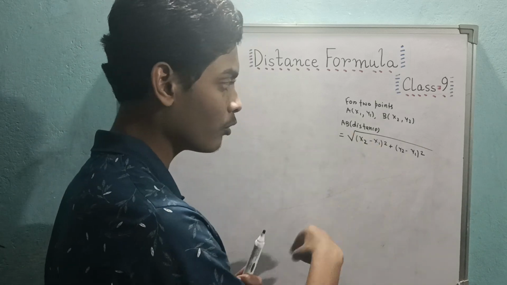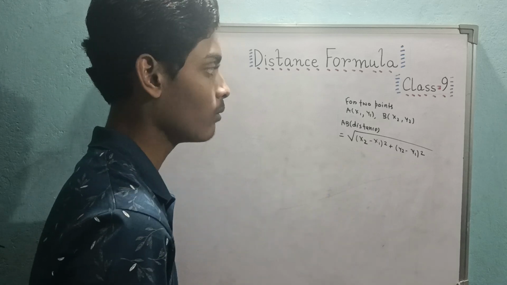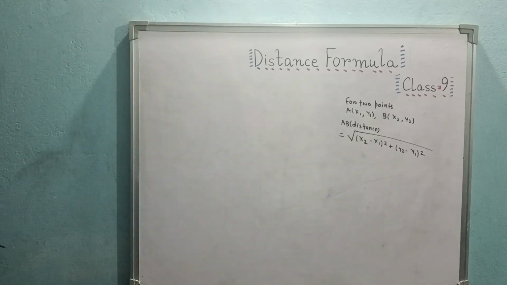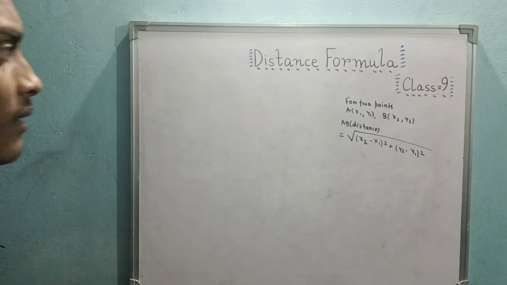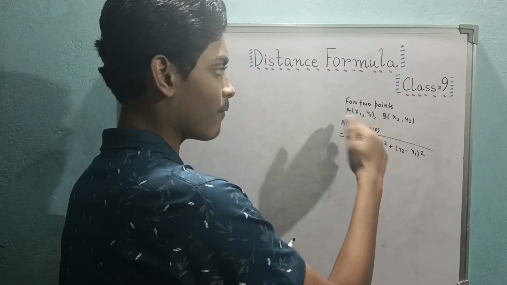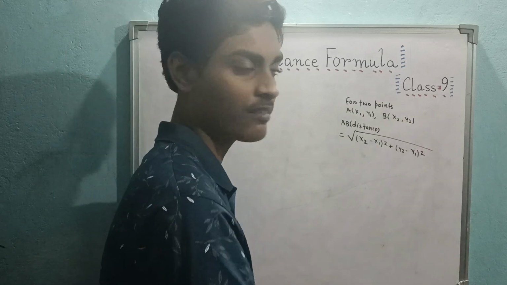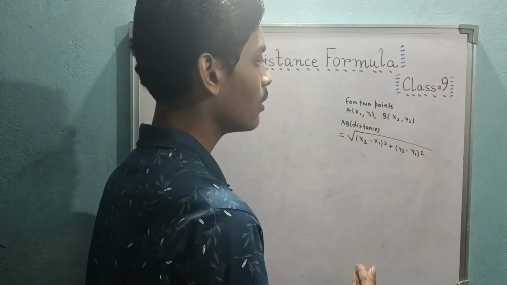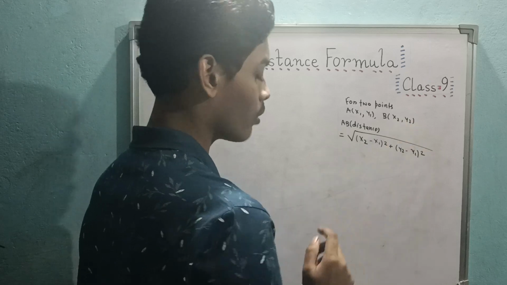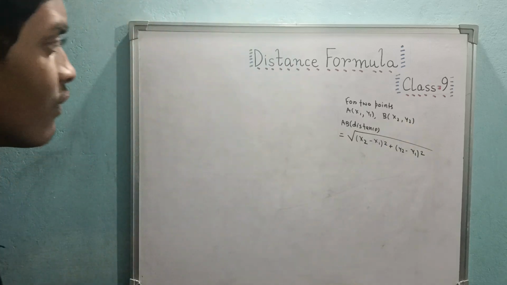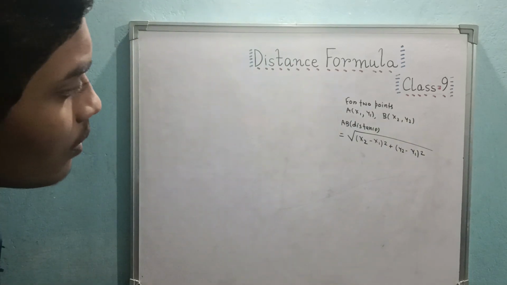The 2 x's will be on one side, the 2 y's on one side. That's the rule. And that's your distance formula between 2 points. I've considered them A and B, and these are the coordinates x1 y1 abscissa ordinate, again x2 y2 abscissa ordinate. And this is the distance between these 2 points. Okay, so remember this easy formula.